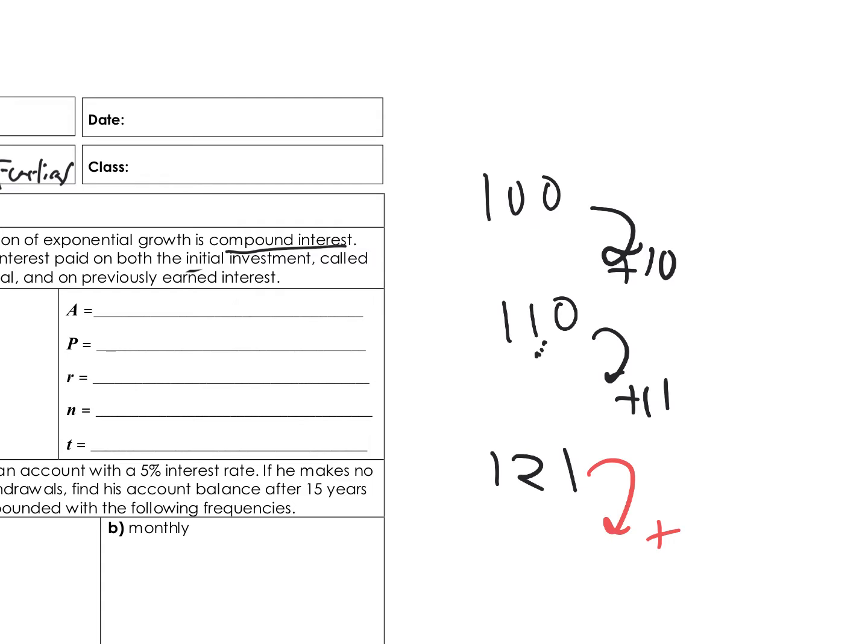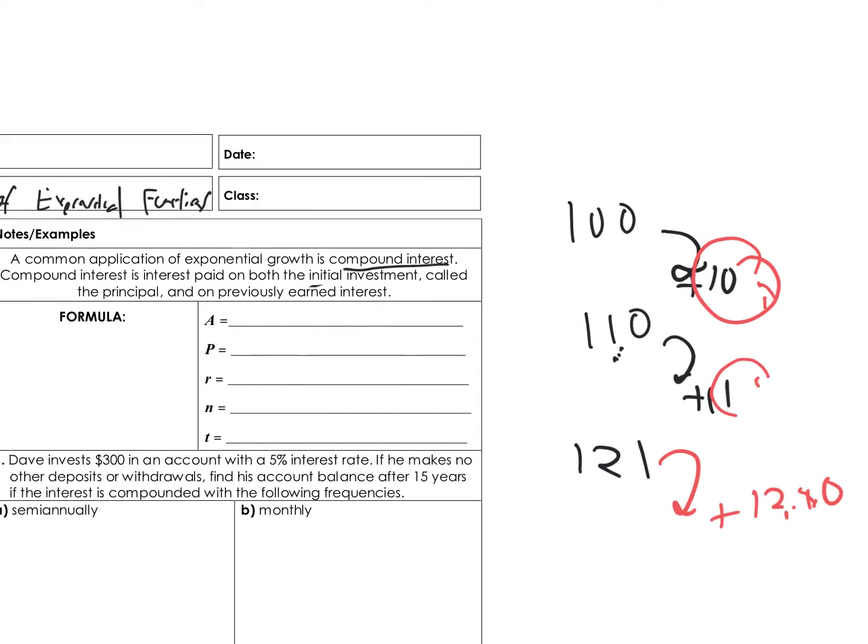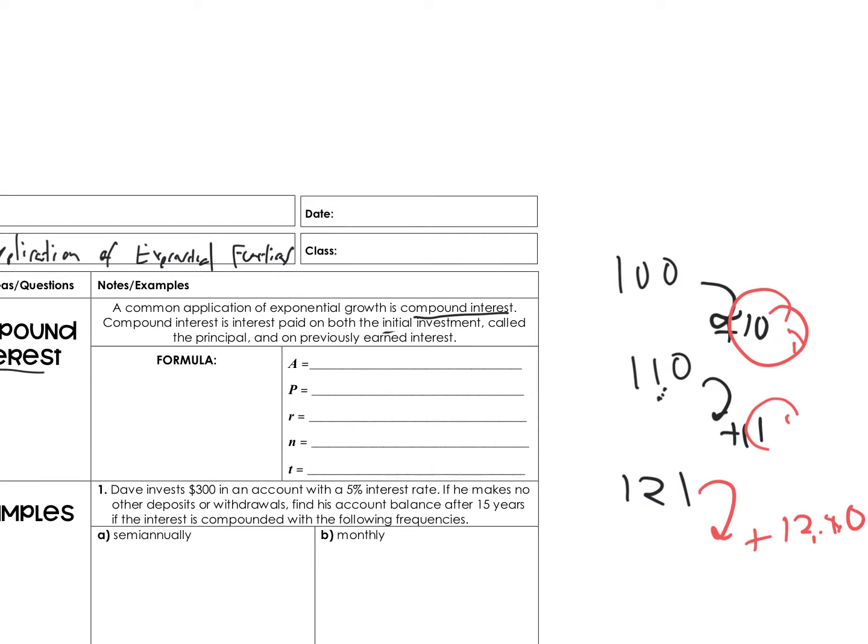Another approximately $12.10. I only got 10 one year. Now I got 11. Now I got 12.10. Look at that. It only jumped $1, but now it's jumped $1.10. It's always going to keep jumping more and more. That's why it's called compound.